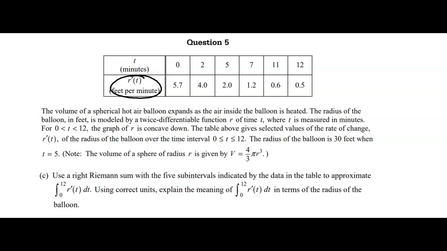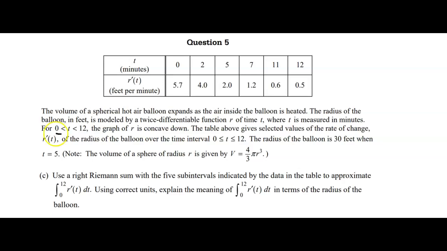So at t equals 0 minutes, the rate of change of the radius is 5.7 feet per minute. And then at 2 minutes, the radius is increasing at a rate of 4 feet per minute. At 5 minutes, the radius is increasing at a rate of 2 feet per minute, etc. So it looks like it's increasing, but at a slower and slower rate over time.